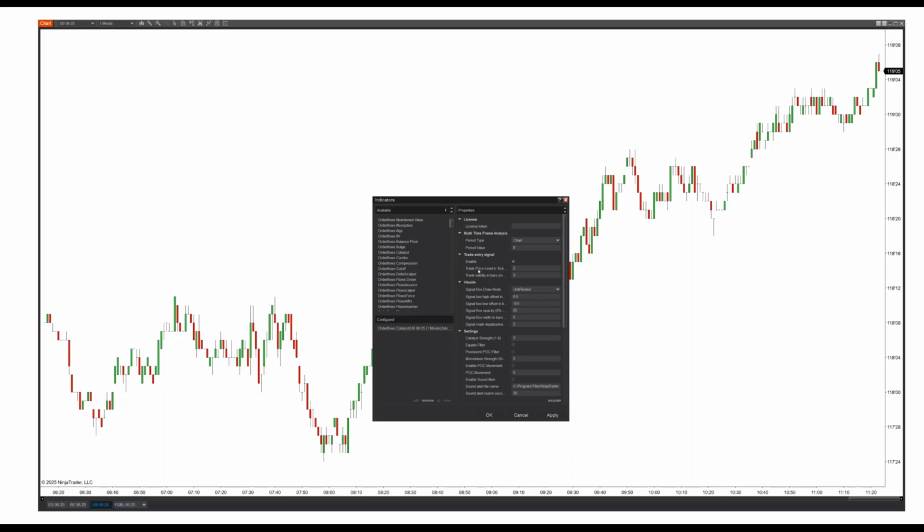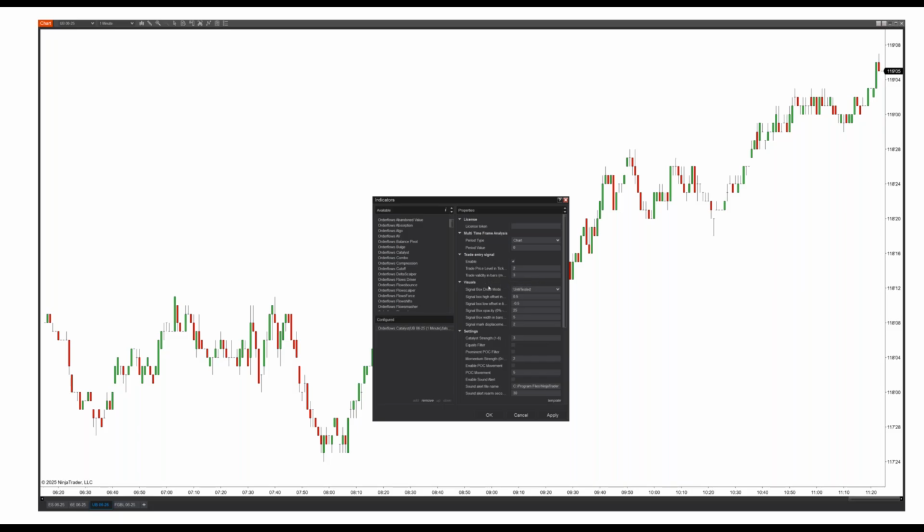When it's enabled, price level in ticks means if it's a bullish signal, I have my signal bar, the next bar has to move 2 ticks higher than the signal bar over a period. In this case, I have it set at 3. So within 3 bars after the signal bar, it has to move at least 2 ticks. So I know the market's at least moving in that direction.